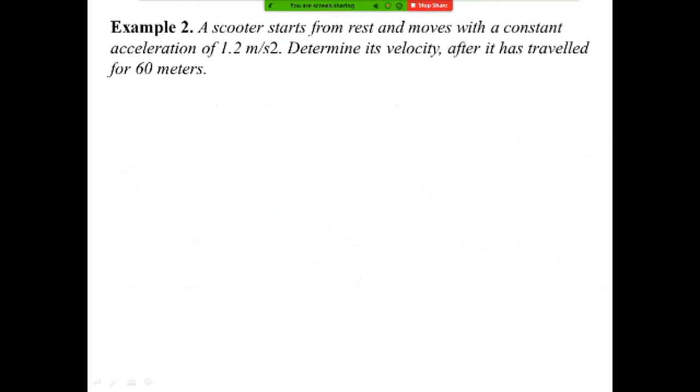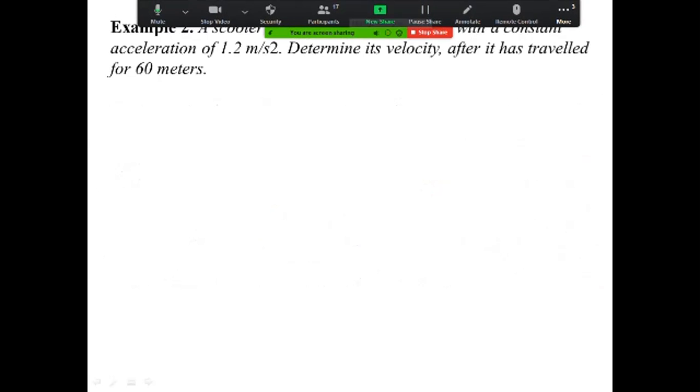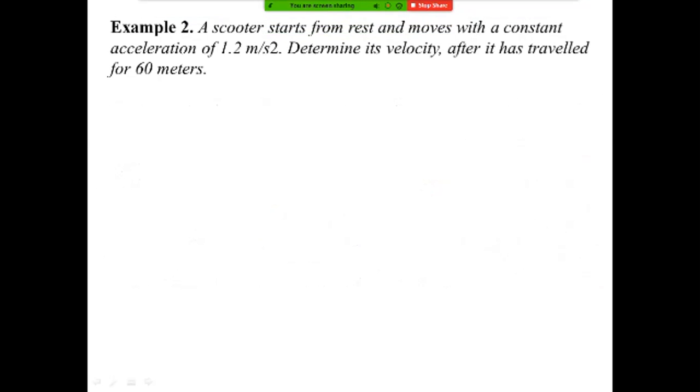Okay, next example. A scooter starts from rest, so here the initial velocity is zero, and moves with a constant acceleration. Acceleration a is given as 1.2 meters per second squared.